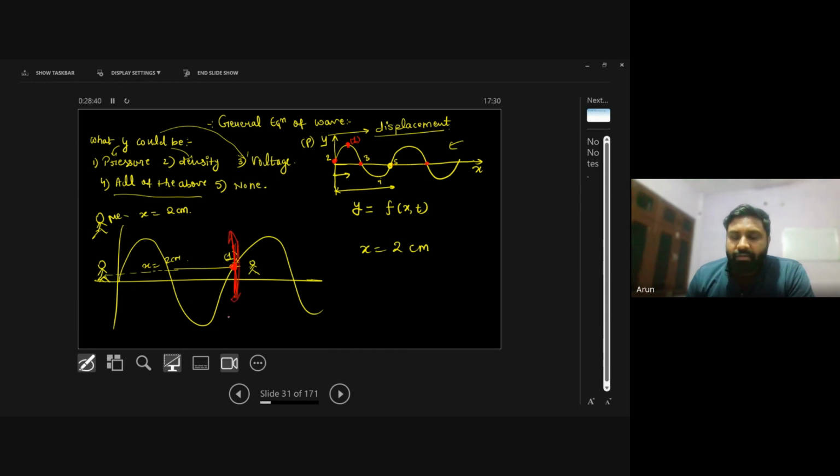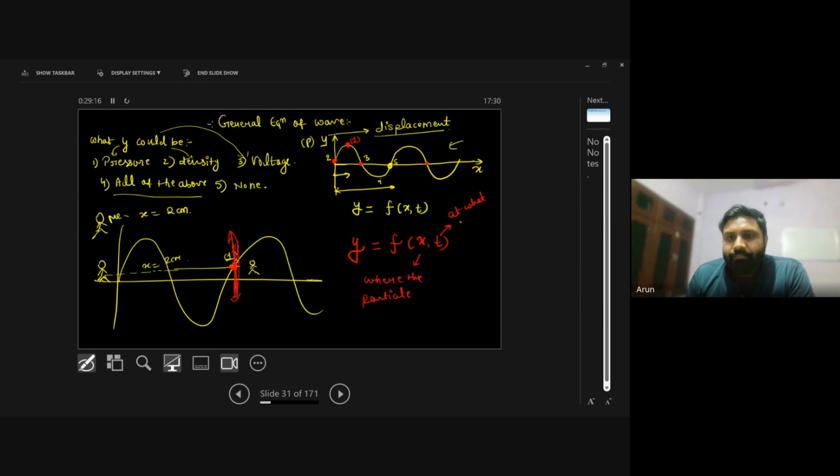So there will be a spark in your mind, and you will write that to write the equation of a wave, the displacement of the wave must be a function of x and t. We must know where the particle is, and at what time we have to study.